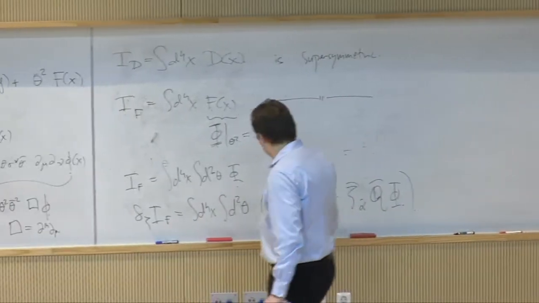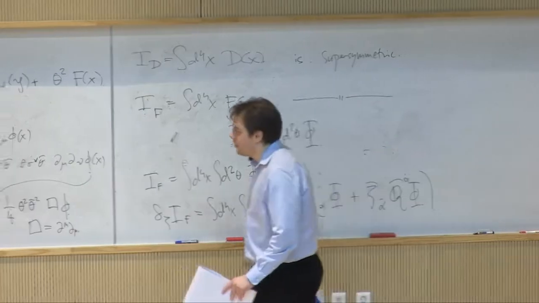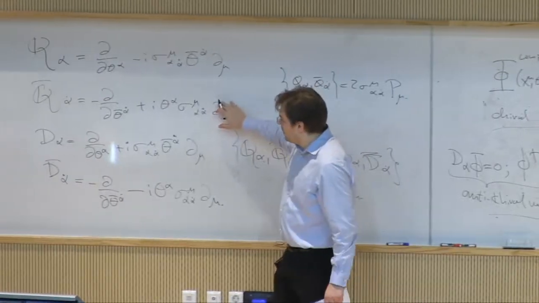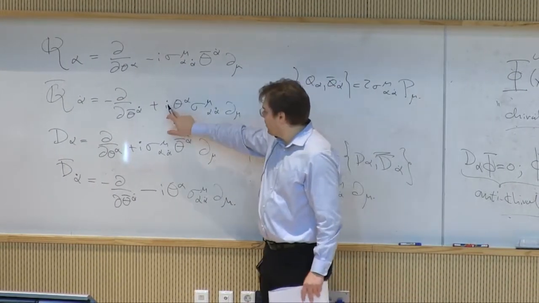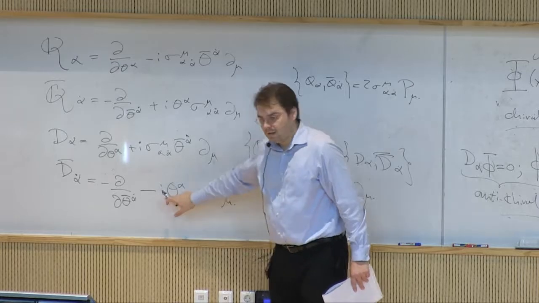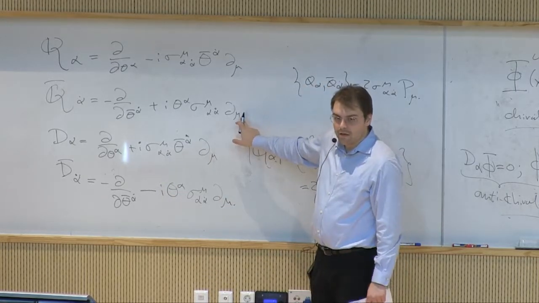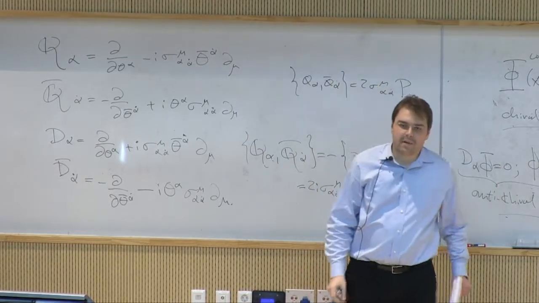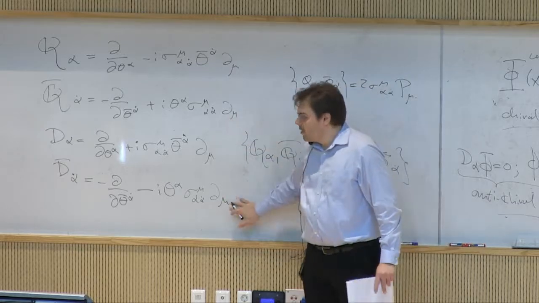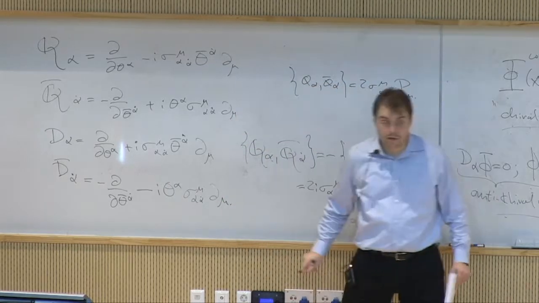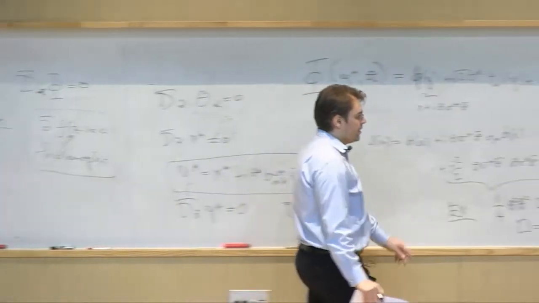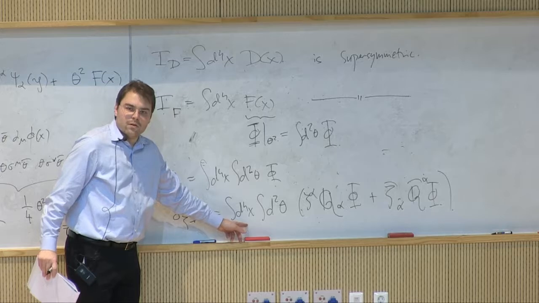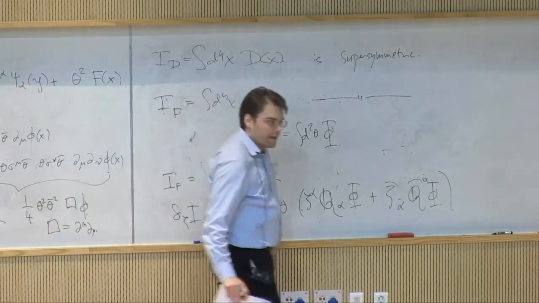Here we use a nice fact, which is that you see from this formula over here that the Q bar operator only differs from the D bar operator by this sign in the second term. And the second term explicitly involves an ordinary spacetime derivative. So that means that as long as you allow yourself to drop ordinary spacetime derivatives, you can replace Q bar by D bar. Of course, since we are under a d4x integral, all total derivatives drop out. So indeed, we are free to replace Q bar by D bar.